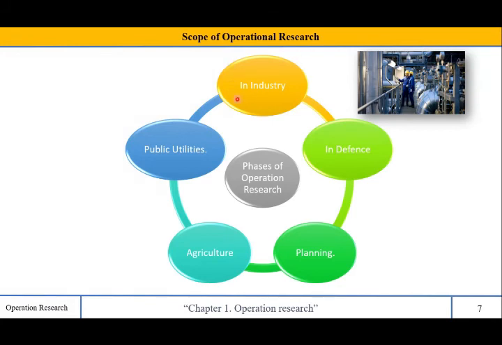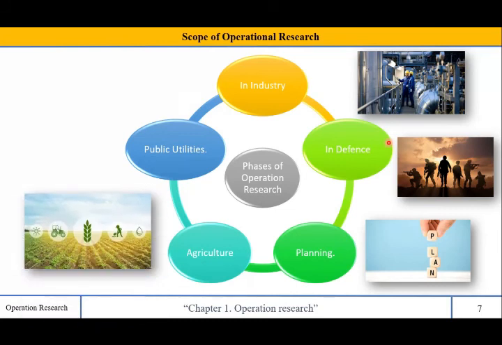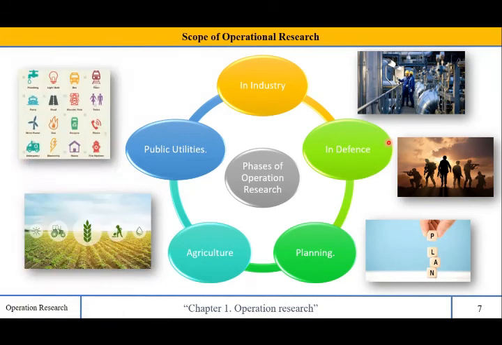Then in World War II, of course, it helped in defense, then in planning, agriculture, and public utilities. So there is a vast scope of operational research. There is a vast area that can be covered by operational research.